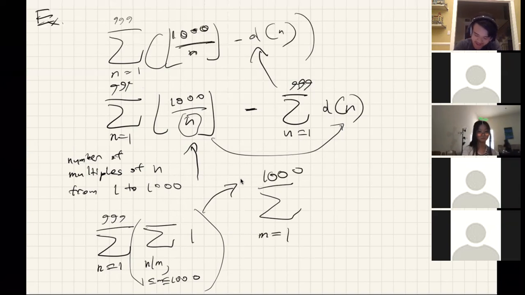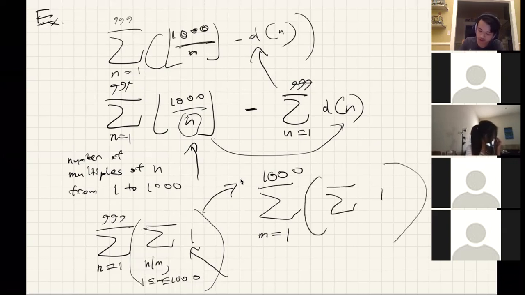In how many n is m going to be counted? The answer is if n divides m. So we're actually summing the quantity 1 over all n that divide m.